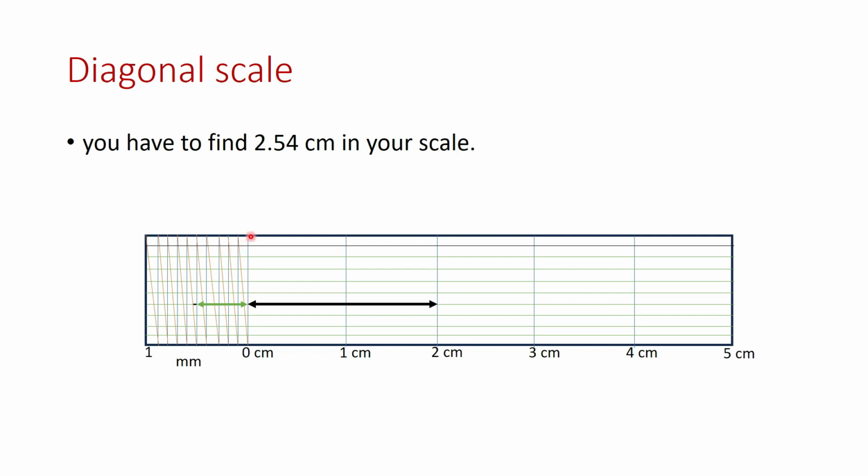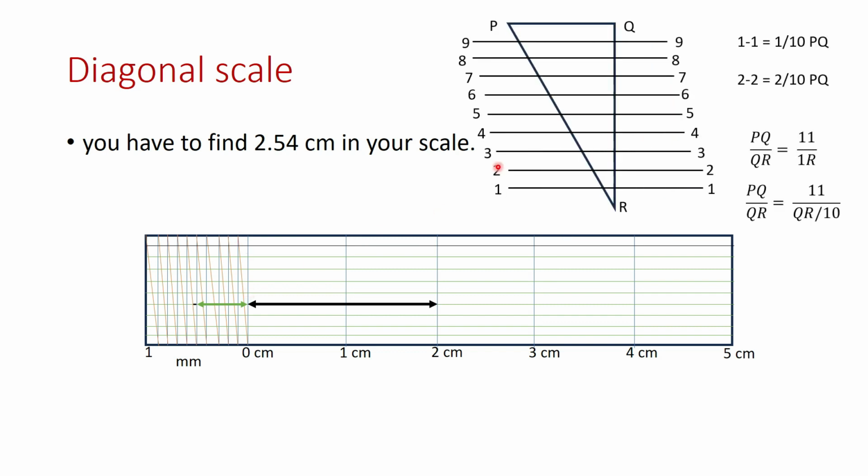So this is 0.1, this is 1 centimeter. Then we are again dividing it into 10 equal parts. So this is 0.1 centimeter, and this 0.1 we are dividing into 10 equal parts.